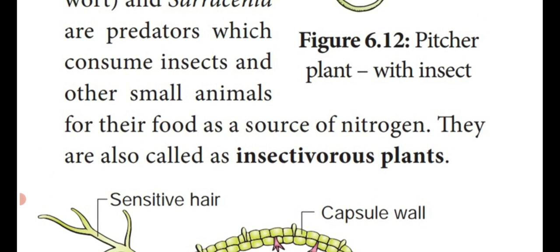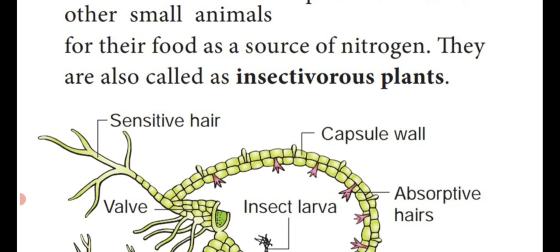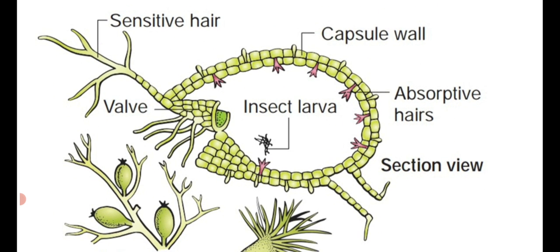Dear students, it is a very important 3-mark question: write short notes on insectivorous plants with examples. The first one is the pitcher plant, Nepenthes.